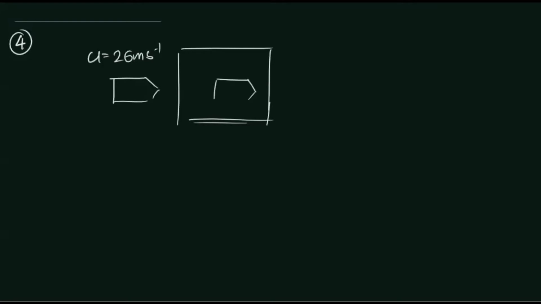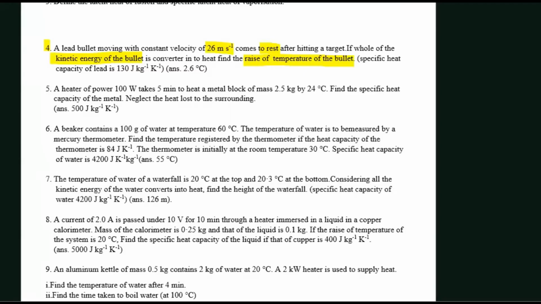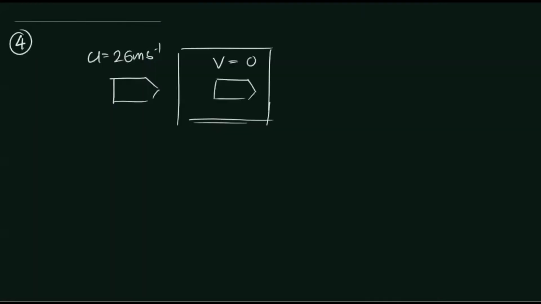After it strikes this, it will come to rest. And they're saying the whole of the kinetic energy of the bullet is completely converted into heat. So you'll have to assume that all the kinetic energy that it had is converted into heat.